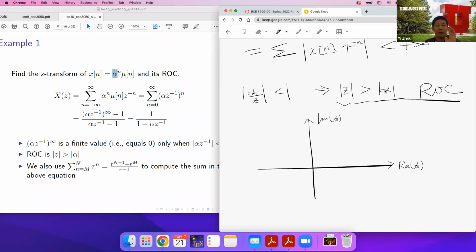So the magnitude of alpha should correspond to a positive real number. Let's say this is the magnitude of alpha.